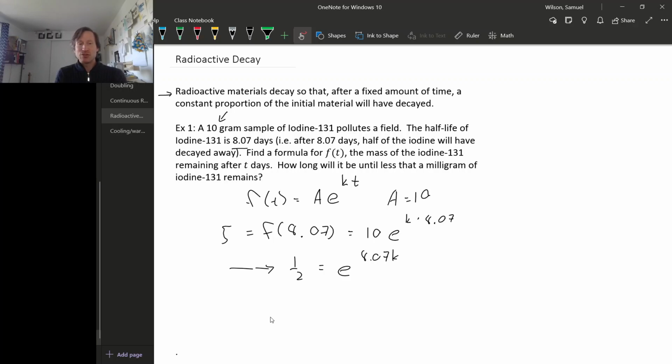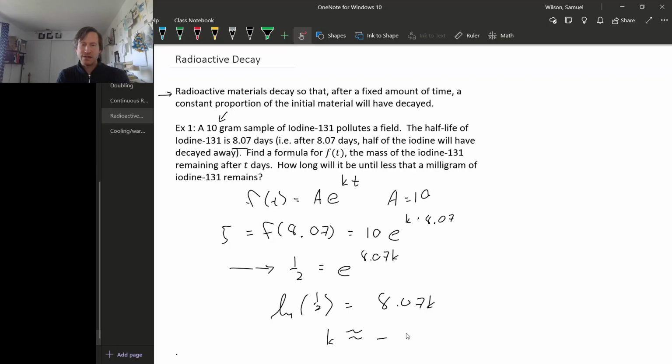All right, now take natural log on both sides. Natural log of 1/2 is 8.07k, and then we can divide both sides by 8.07. We get that k is natural log of 1/2 divided by 8.07.